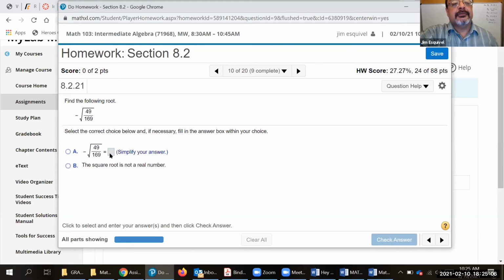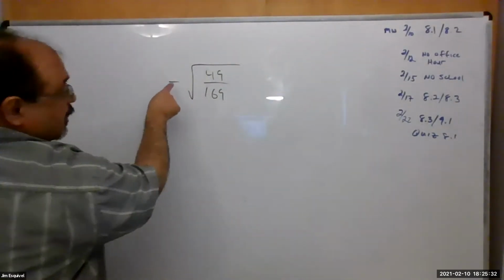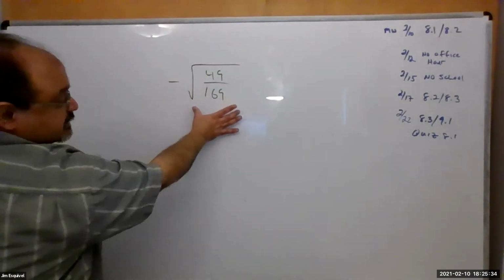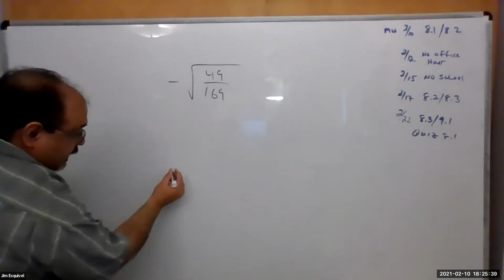All right, now this one. Fractions. You don't have to worry about dealing with this on a quiz or a test on this chapter, but it will come up later on. That's why I put it here. Negative, and then a square root. You have 49 over 169. The negative is on the outside of the square root, so that just means the negative of this answer. So my answer is going to be negative.